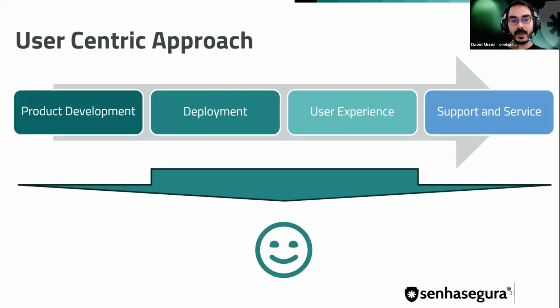And we think of the customer throughout their whole PAM journey. So from the product development, and Felipe will be able to talk about how we engage with our users to develop our PAM solution, through our support and service.